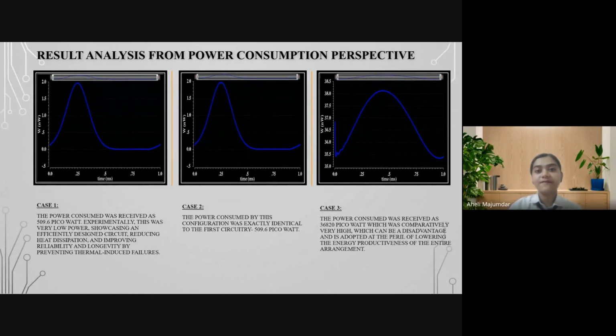Therefore, even if the voltage was reduced, the circuit was able to maintain a balanced operation and rejected any kind of common mode variations. Thus, the power consumed here was comparatively less than what was consumed in the third case.